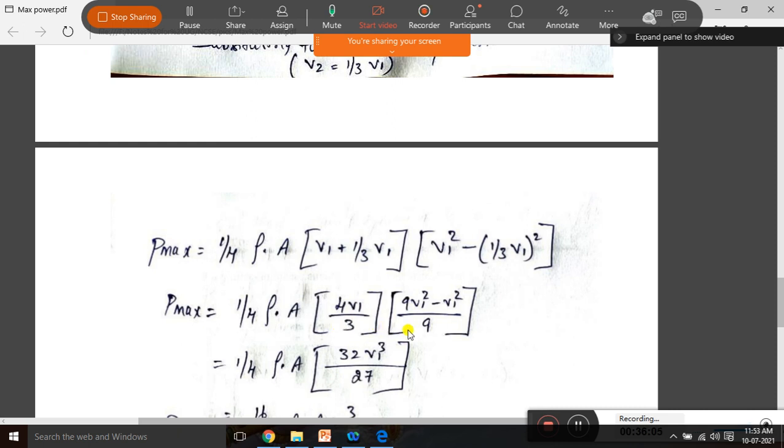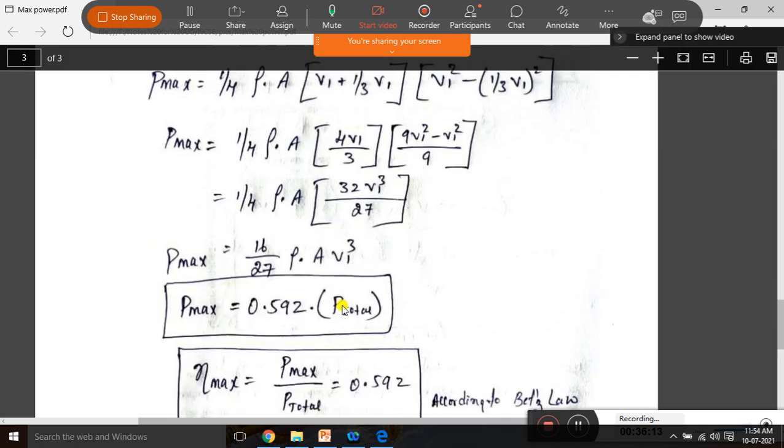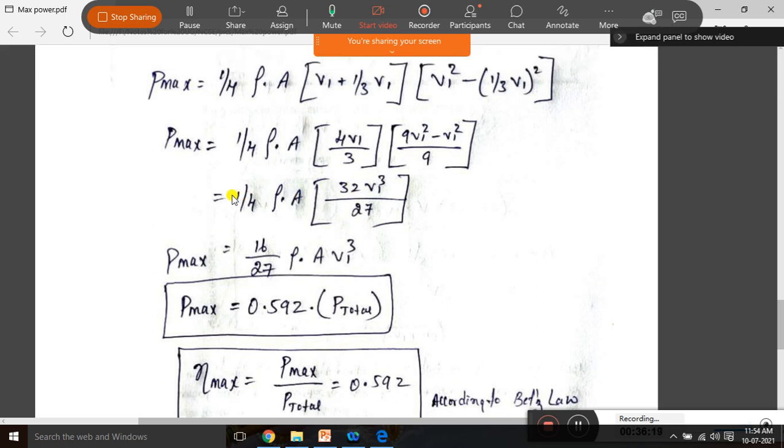So 3 into 9 becomes 27, and here 8 into 4 becomes 32, and 1 by 4 is there. If we cancel 4 and 32, it becomes 16. Finally it becomes 16 by 27 rho A V1 cube.